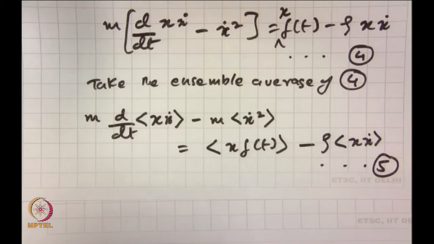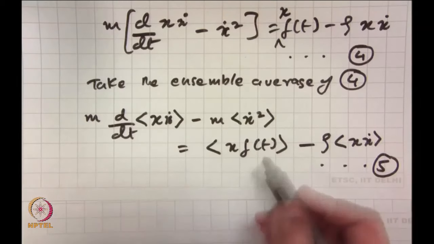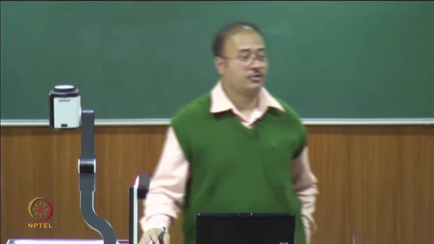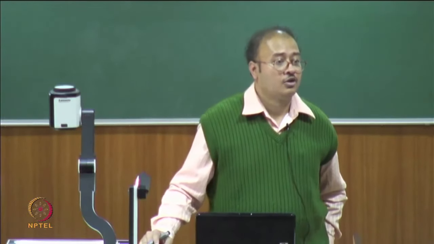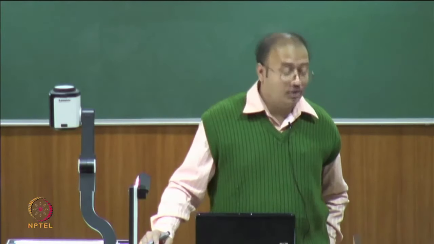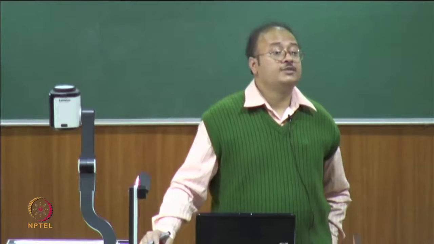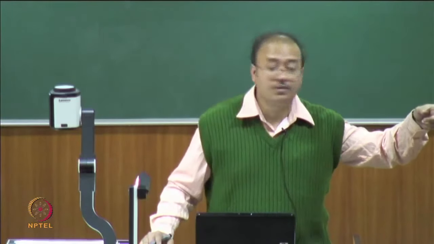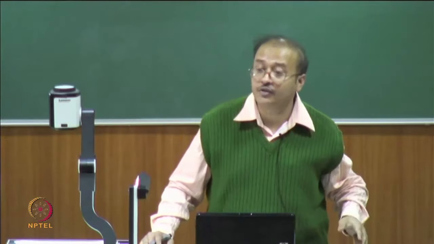Now, before even trying to realize what that gives us, can we do further simplifications of this equation? Can someone tell me? For example, what about the first term on the right hand side? Remember this: when we did the velocity correlation, we said that your initial velocity was not correlated with your fluctuating force f of t.